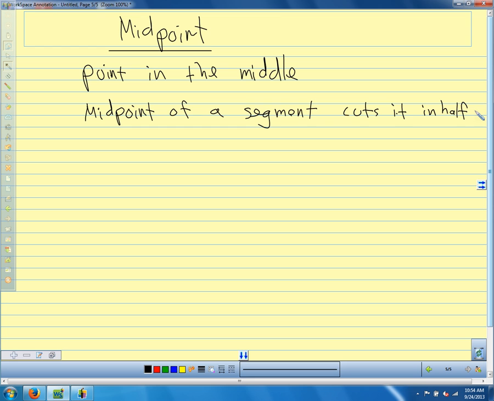Midpoint of a segment cuts it in half. So we can say this in a little more technical way, now that we have some more vocabulary. We can say it divides a segment into two congruent segments.